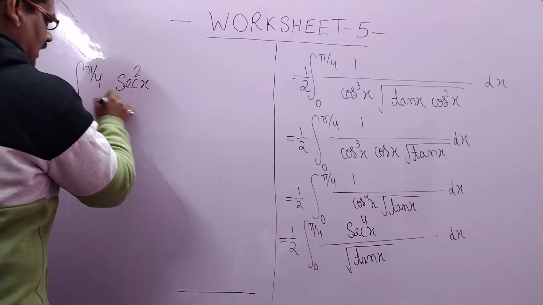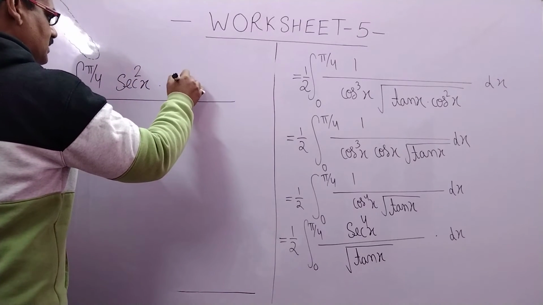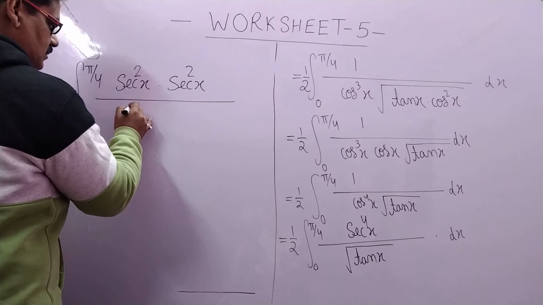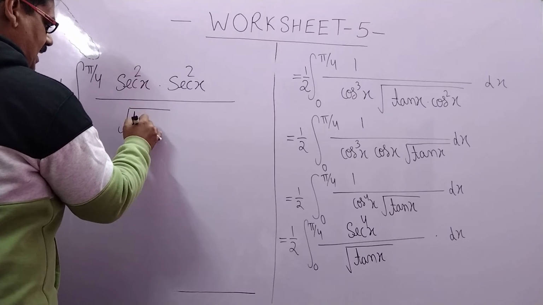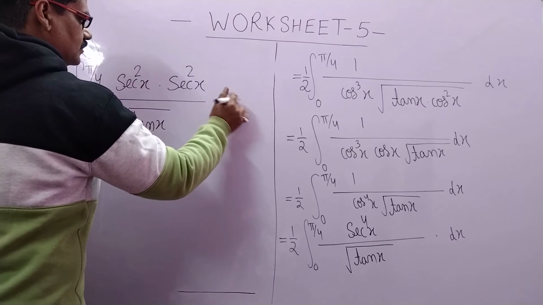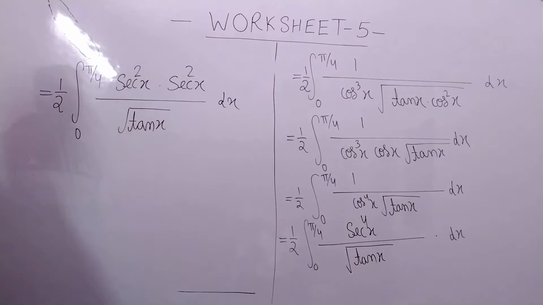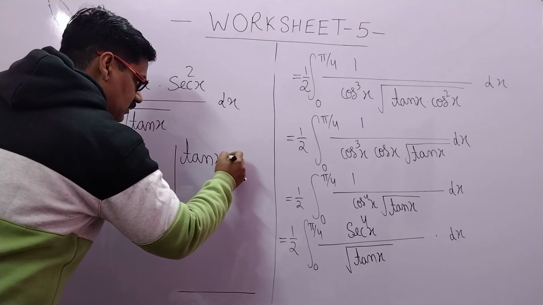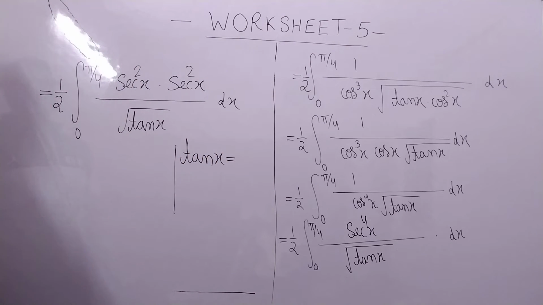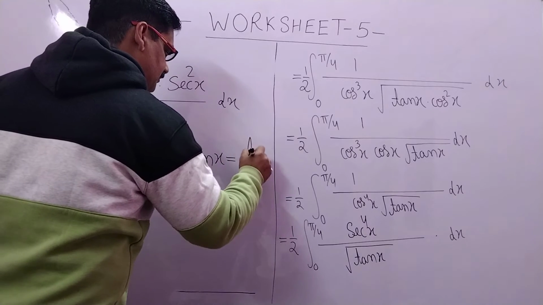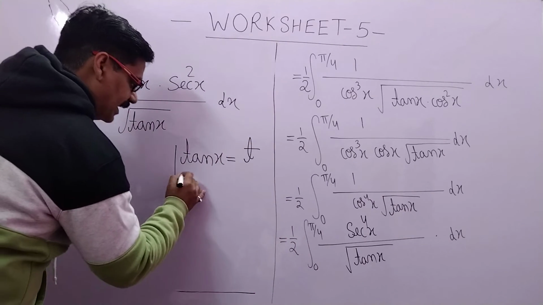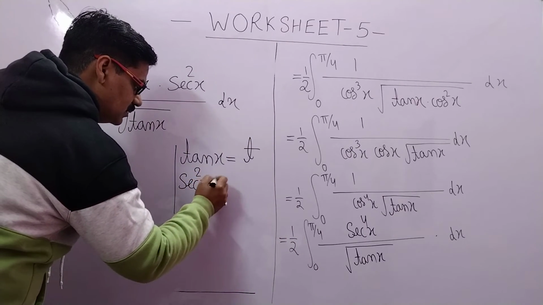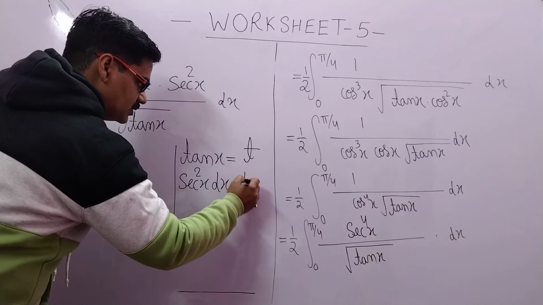Now we break sec x to power 4 into sec square x into sec square x, root tan x dx. Now for doing this, we suppose tan x equals t. Differentiation of tan x is sec square x dx equals dt.